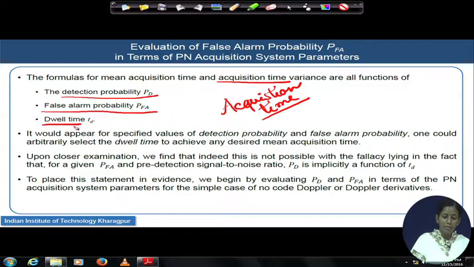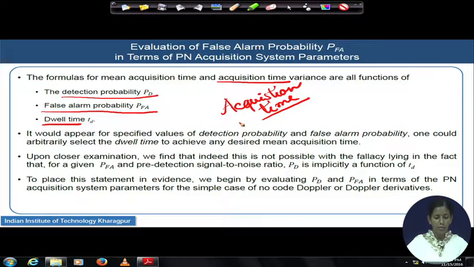The dwell time can occur multiple times if it is a multiple dwell time based detector, and at the end, the total dwell times plus the time to apply the verification algorithm, until at the end of the verification the synchronization is declared achieved, is all included in the acquisition time.